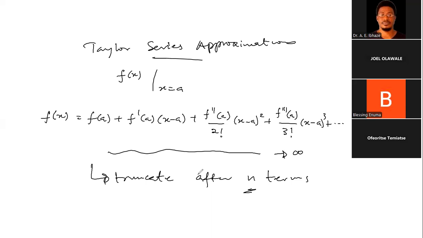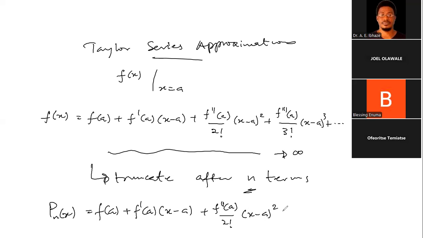So if I want to truncate this at some term n, then the approximation of this function will now become f of a plus the first derivative of that function times (x minus a), plus the second derivative over 2 factorial times (x minus a) squared, plus all the way to the nth derivative of the function at that point over n factorial times (x minus a) to the power n.